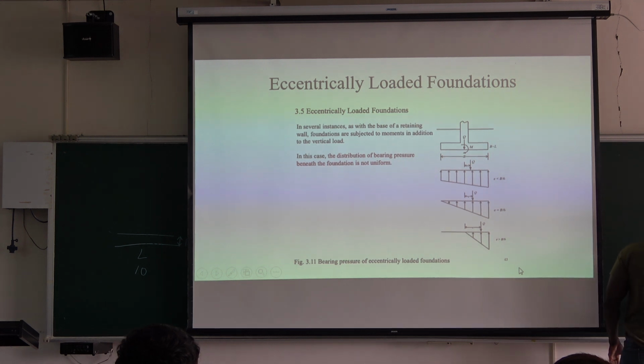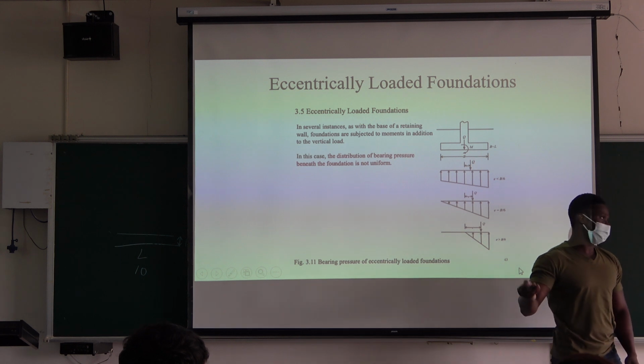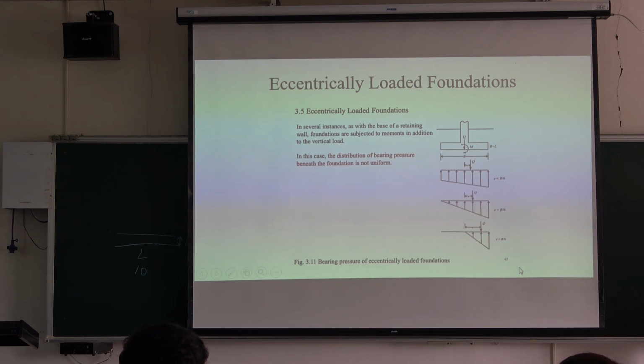So for example, we have something like this, right? We know that if the loading is not uniform, it's going to be triangular in nature, right? For example, the maximum will be 1/3 from here. Let's say this is X, 1/3 of X. Here you will have your maximum loading, and the minimum value will be here.